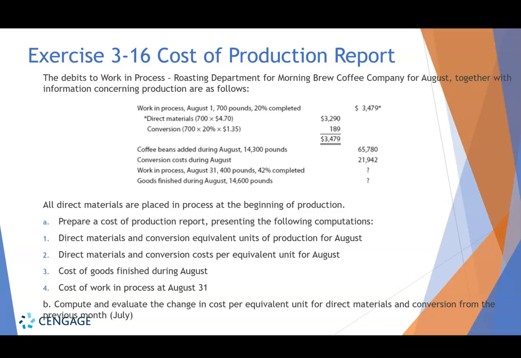So we need to take this information and prepare a production report. And they want the direct material and conversion equivalent units, the direct material and conversion costs per equivalent unit, the cost of goods finished, the cost of work in process at August 31st. And then we need to compute and evaluate any changes. So we see what we had in costs to start the month with, and then what happened in August.